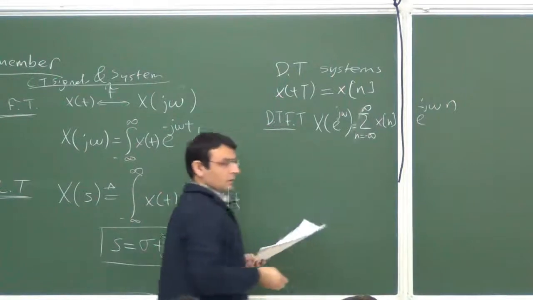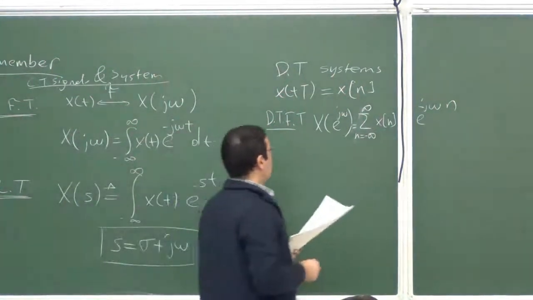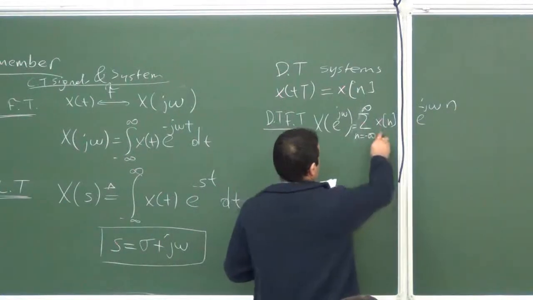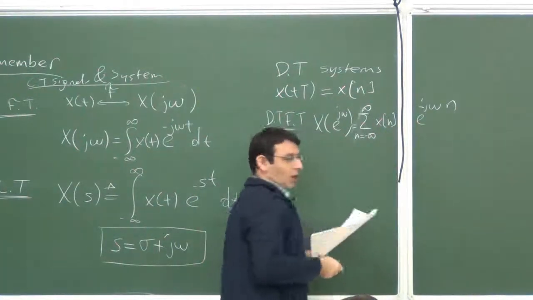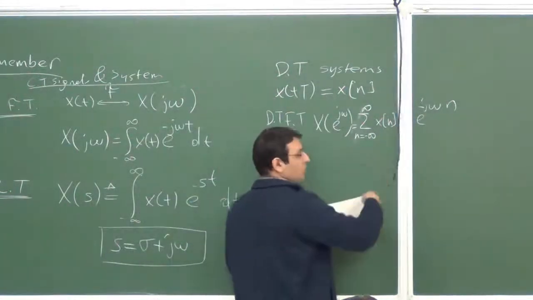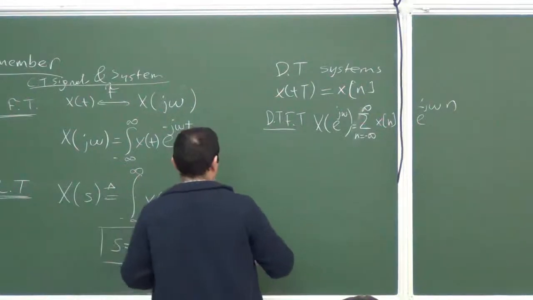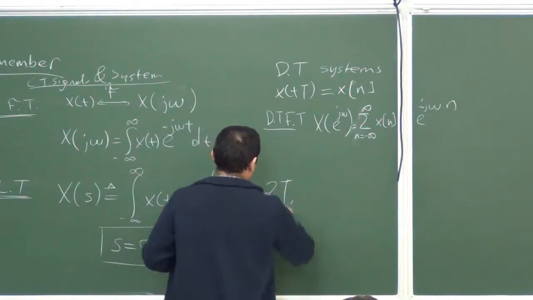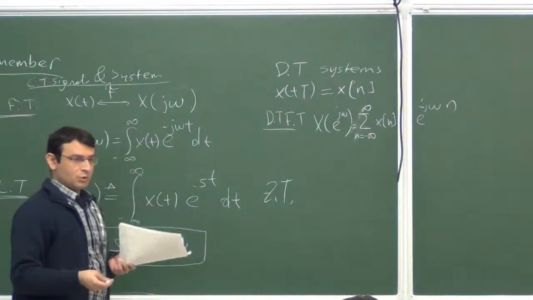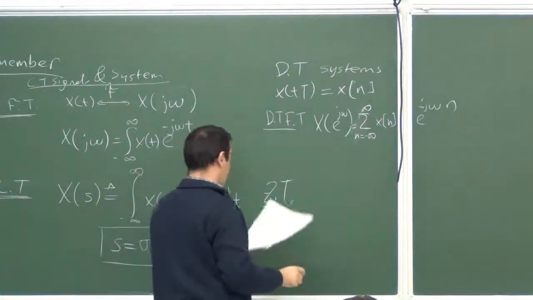Again, the same problem is valid in here. Since this signal or system is unbounded or unstable, in this case, this infinite summation will diverge. Okay. So for the discrete time systems, we need a tool in order to analyze unstable systems or unbounded signals. Okay, so this is the Z transform.